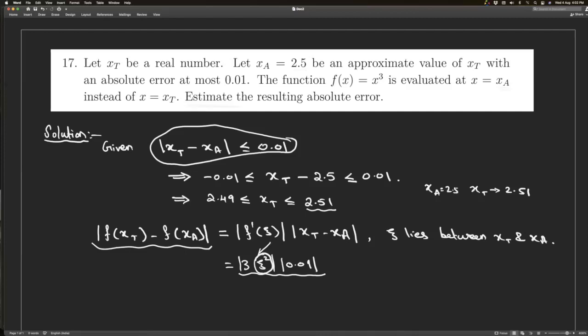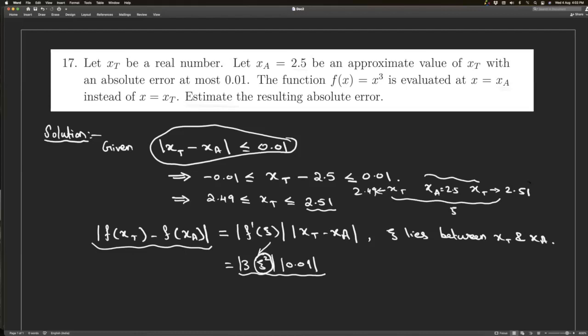Whatever may be xi, it has to lie between these two. Xt can go at most 2.49, right? Wherever xt is, xi has to lie between this, right?